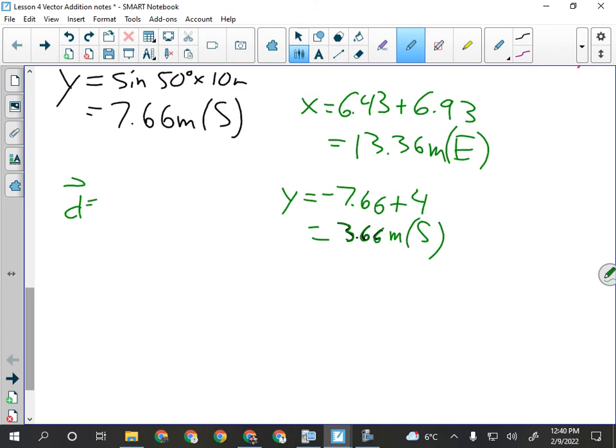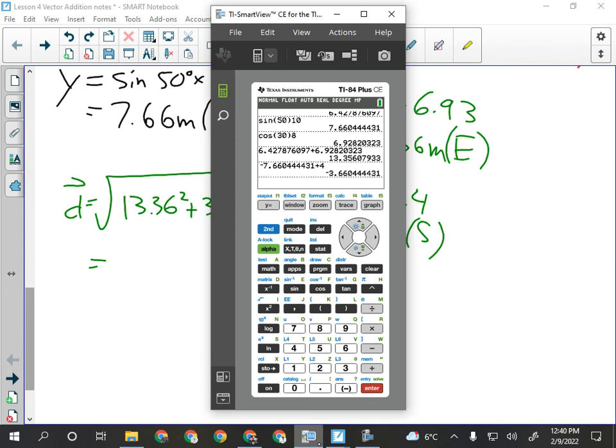The displacement's overall magnitude is going to be 13.36 squared plus 3.66 squared. Again, I want to use all of my decimals when I do this. So we're going to have the square root of our answer.